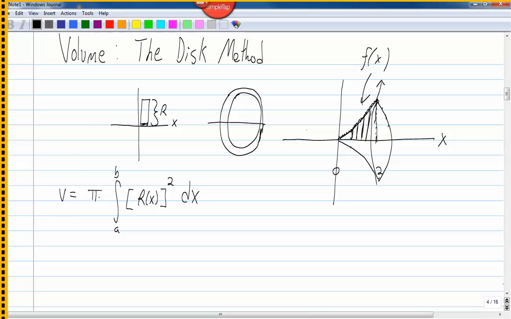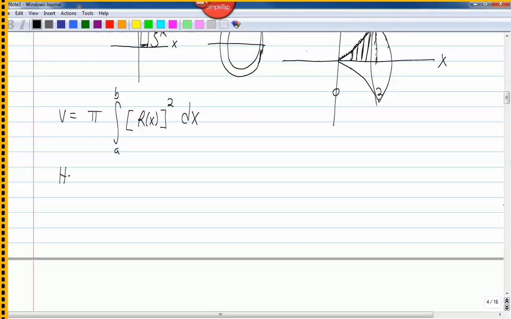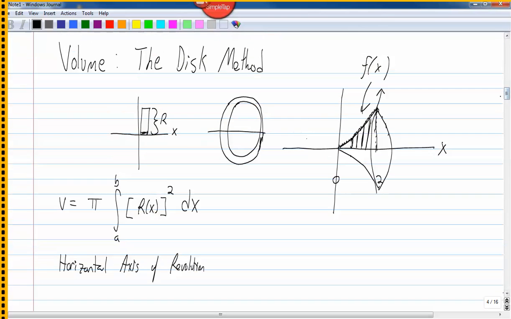I will want to use this formula if I have a horizontal axis of revolution. So what am I talking about?